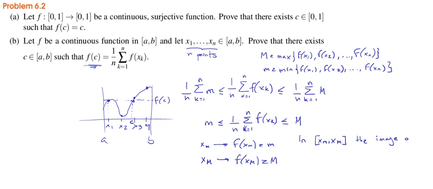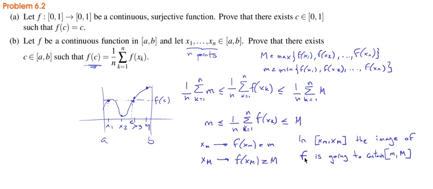The image of f is going to be the closed interval from small m to capital M, or at least contain it. We're supposing there are no numbers for which the value of the function is greater than this, but let's say it's going to contain it. So this is going to be a subset of this image.